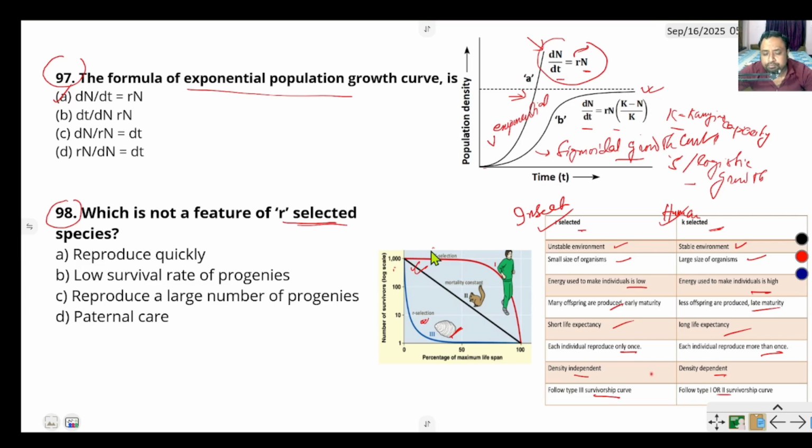In case of K-selected species or type 1 species, due to high parental care, the survival is smooth, but death occurs or the aging process occurs after a certain period of time. So parental care is the correct option for K-selected species, because R-selected species take less parental care.